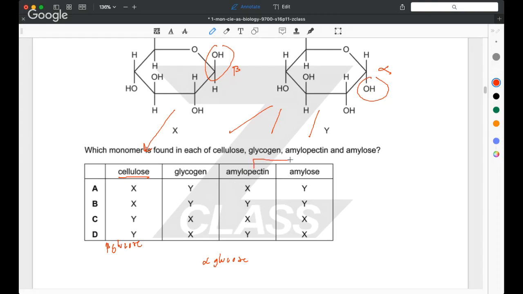So those two, remember, are found in starch. So that gives us some discrimination. And then this one, in addition to having the 1,4 glycosidic links, has some branching. There's no branching there. There's a straight chain. This is branching.